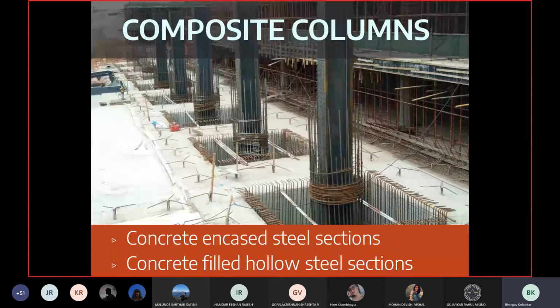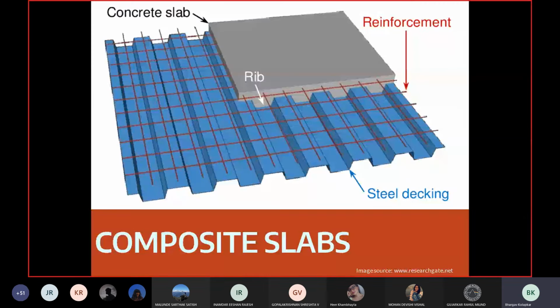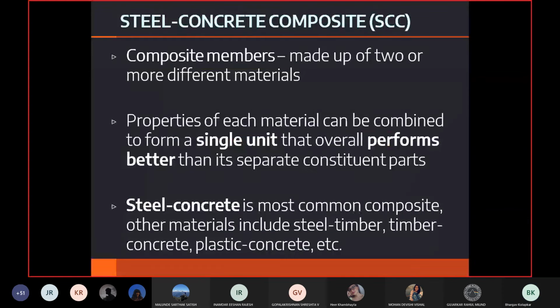Reinforced concrete is a composite material, but you're using steel only to reinforce it. In steel-concrete composite, you're using steel not only as reinforcement but also as structural members. So that's the difference between reinforced concrete and composite steel-concrete.